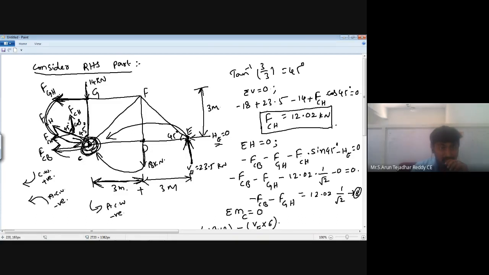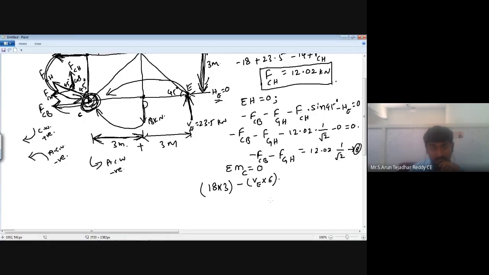The force is acting horizontally, so the perpendicular distance is the vertical distance, 3 meters. Force horizontal means the perpendicular is vertical. So minus FGH into 3 is equal to 0.